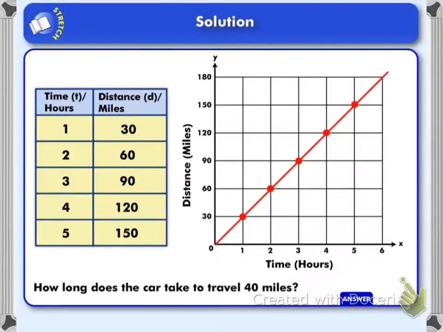So here's what that graph would look like. And based off of this graph, we should be able to answer the question right down here at the bottom: how long does it take the car to travel 40 miles? So 40 miles is going to be between 30 and 60. So we know it's going to be between 1 and 2 hours to find our answer.